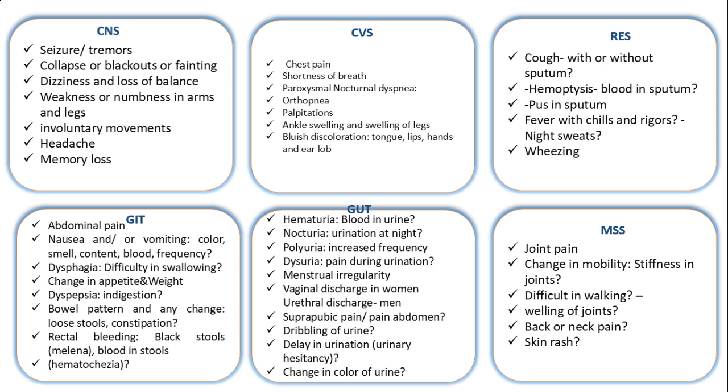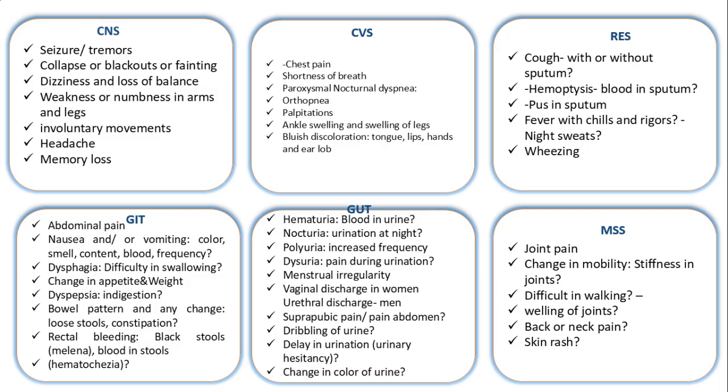For example, a patient comes with cough. You need to ask if the cough has sputum, what kind of sputum is it, is there pus in the sputum, do they have any fever, any wheezing when they are breathing?